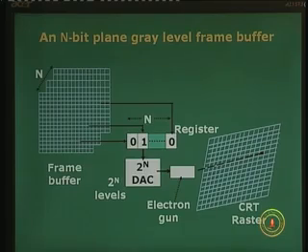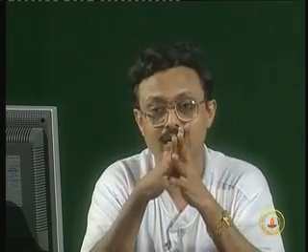The corresponding contents of those n bit planes are loaded parallelly onto an n bit register, which fires a 2 to the power n DAC, a digital to analog converter, which generates a voltage proportional to the digital value at the register, and the electron gun gets that input and controls the strength of the electron beam, which will go and strike the corresponding dot on the screen.